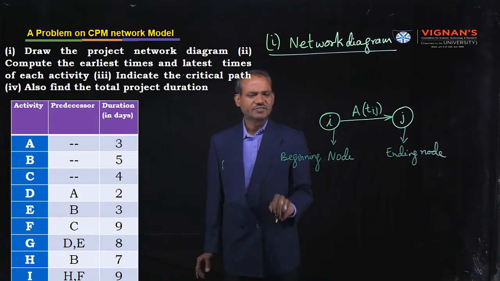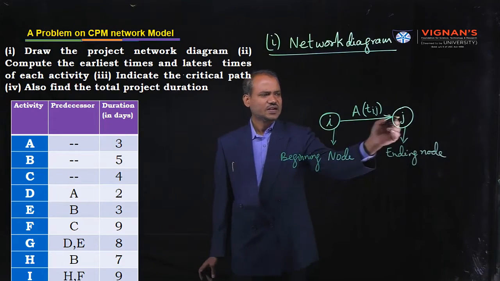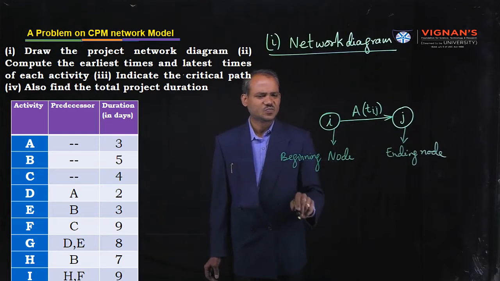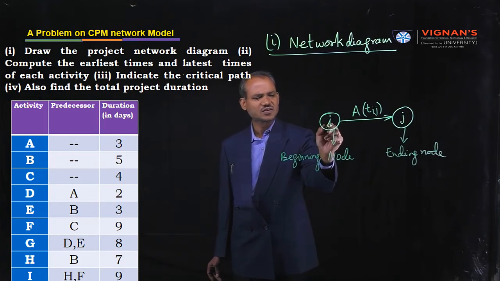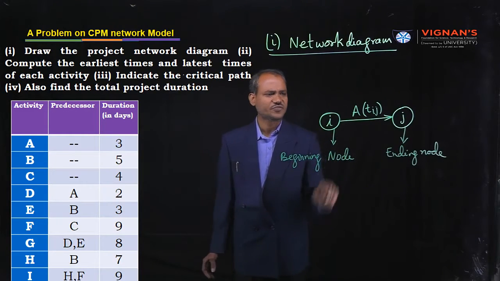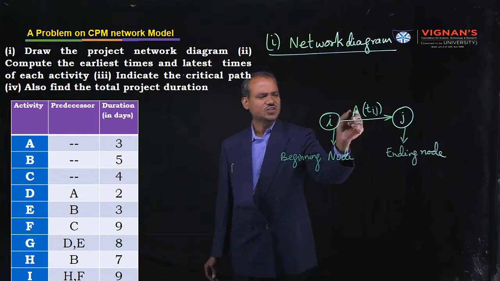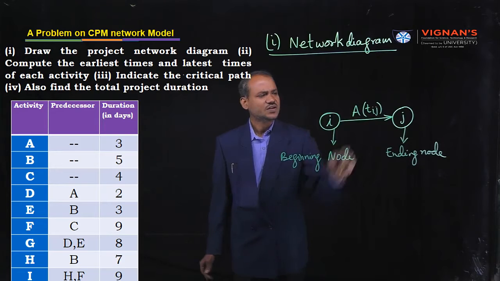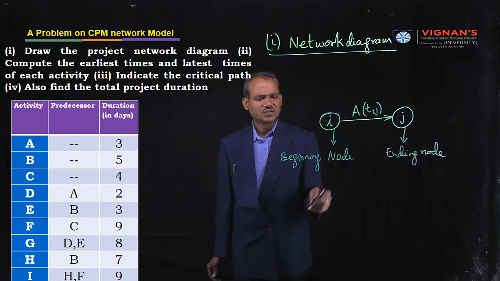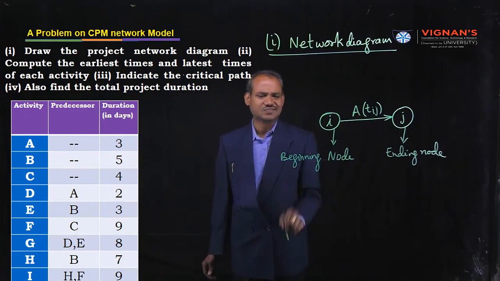At I, activity starts. At J, activity ends. This is the immediate start and the immediate stop of a certain activity. From this diagram, it is observed that activity A takes some time, some duration, known as Tij.